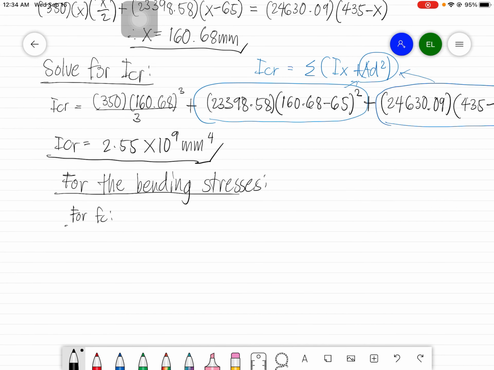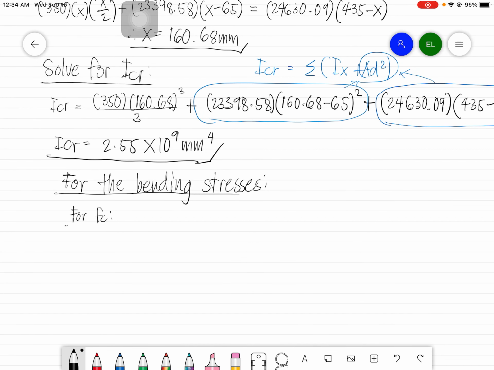The y here is the value of x for the concrete. This is the neutral axis, then you have this x distance there, then the entire concrete.